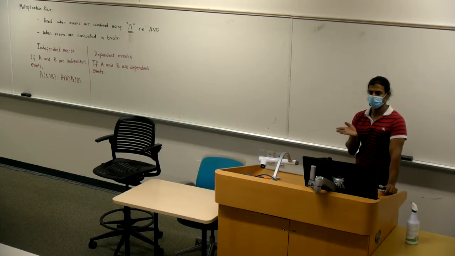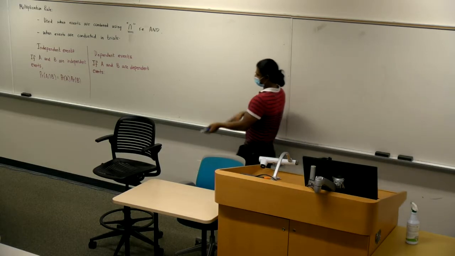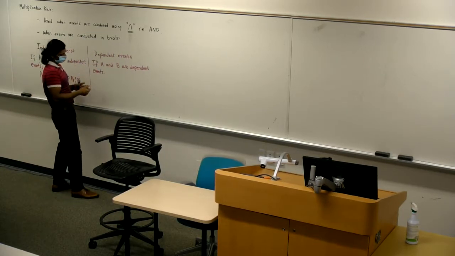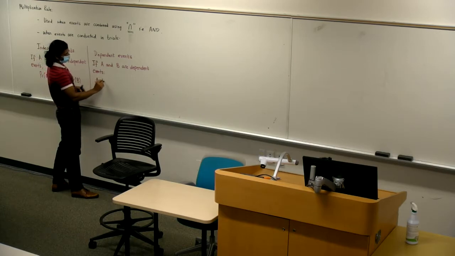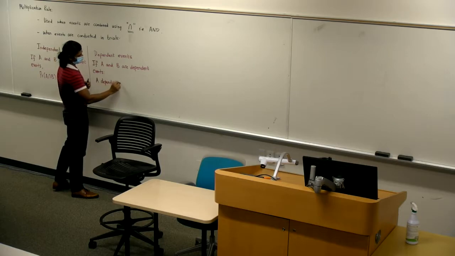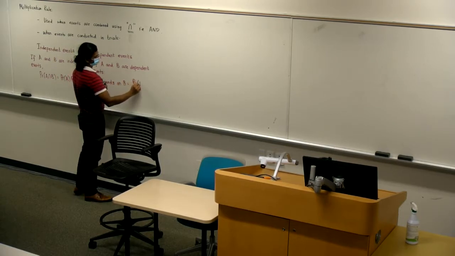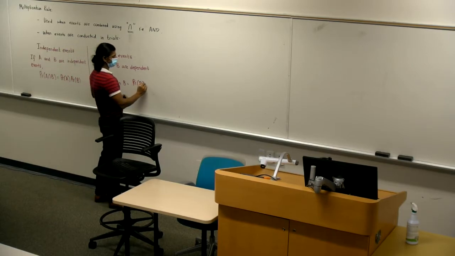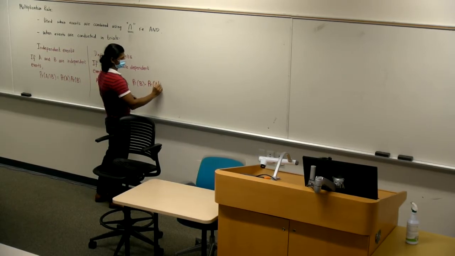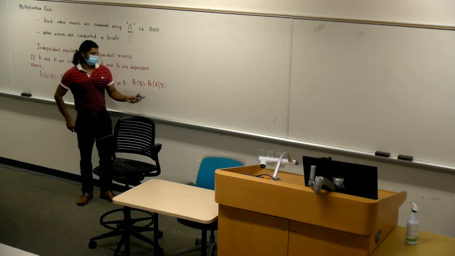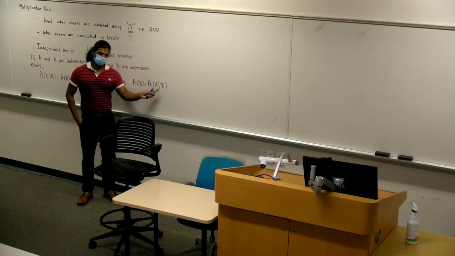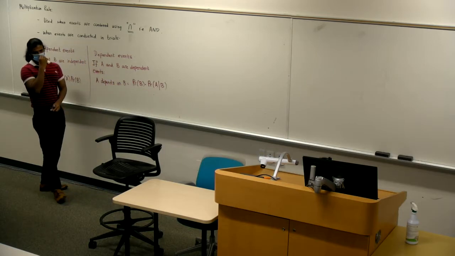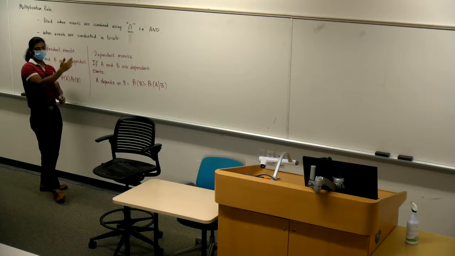Either A is dependent on B or B is dependent on A. Depending on how you see the problem, if A depends on B, B has to happen first, so probability of B multiplied by the probability of A vertical dash B. A vertical dash B simply means the probability of A given B. In the sense, what is the probability of A now that B had occurred already?